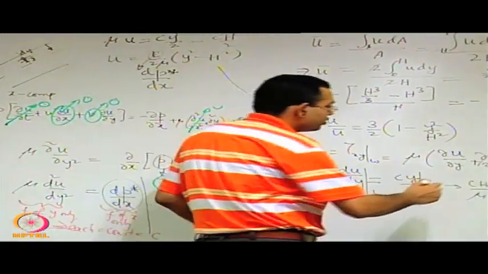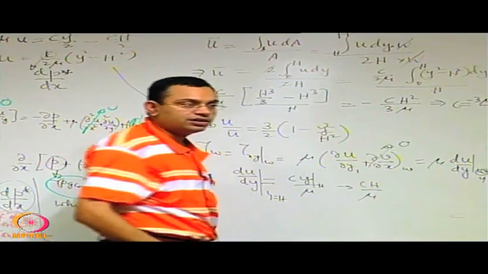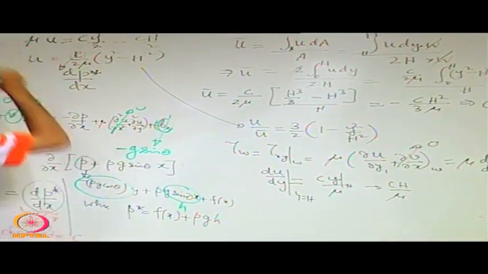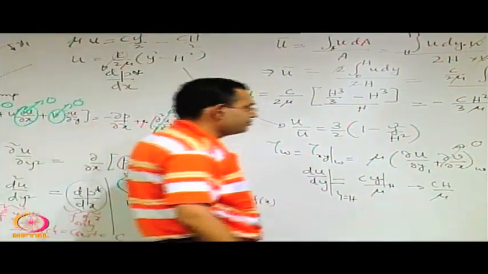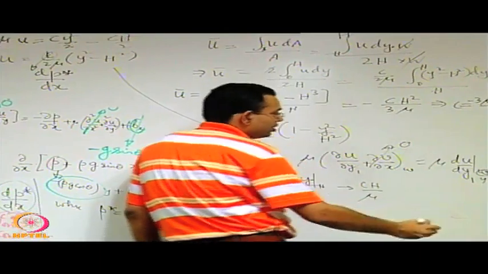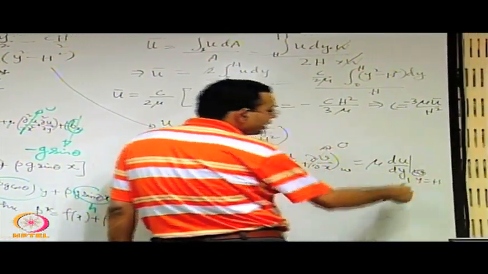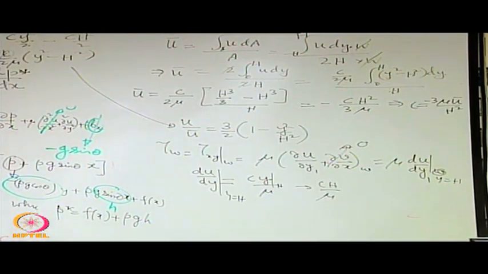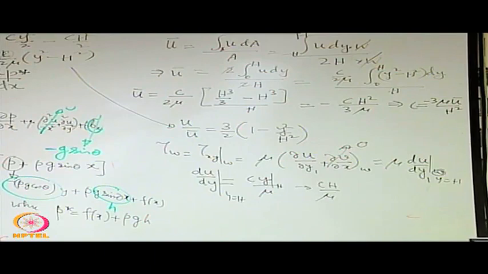So it is better to consider a separate coordinate y1, which is perpendicular to the wall and towards the fluid. So this is basically at y equal to h or y1 equal to 0, but y1 and y, they are just oppositely oriented. So you can write y1 is equal to nothing but h minus y.